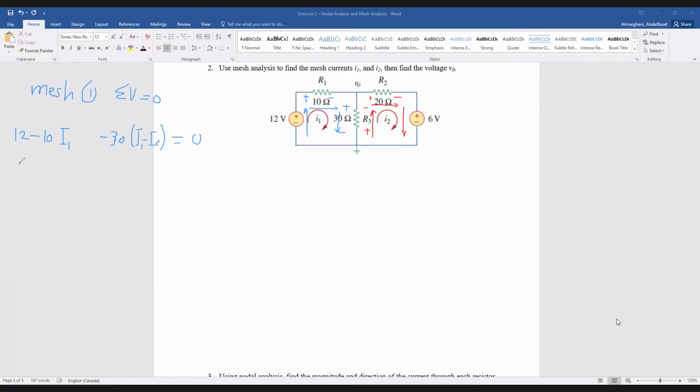I can simplify the equation. 12 minus 40 I1 plus 30 I2 equals to 0. So I can rearrange the equation, move these ones to the other side. 12 equals to 40 I1 minus 30 I2. This is the first equation.